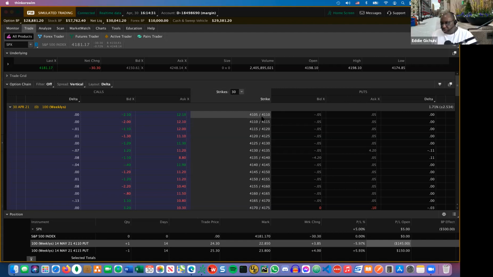We've got a 100 multiplier, so we're always multiplying by 100. You need $500 for one contract. In order to sell 10 contracts, you need $5,000 cash in your account, or the margin ability to spend 5,000 during that day.